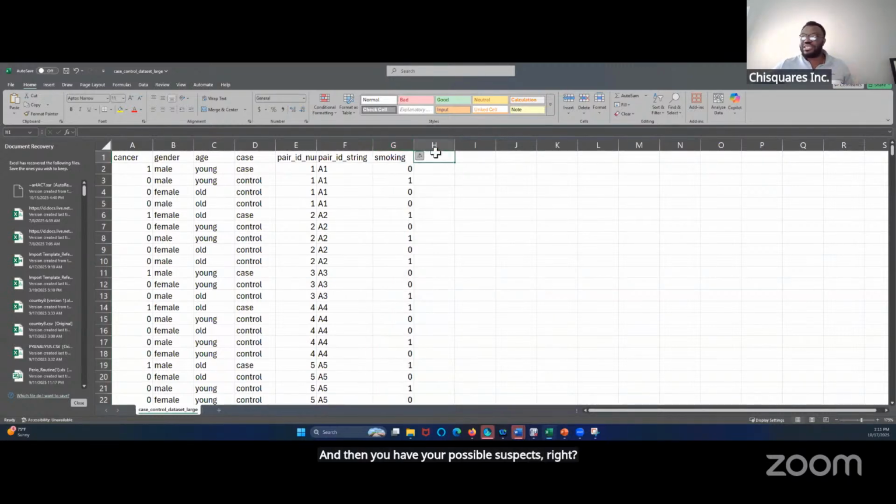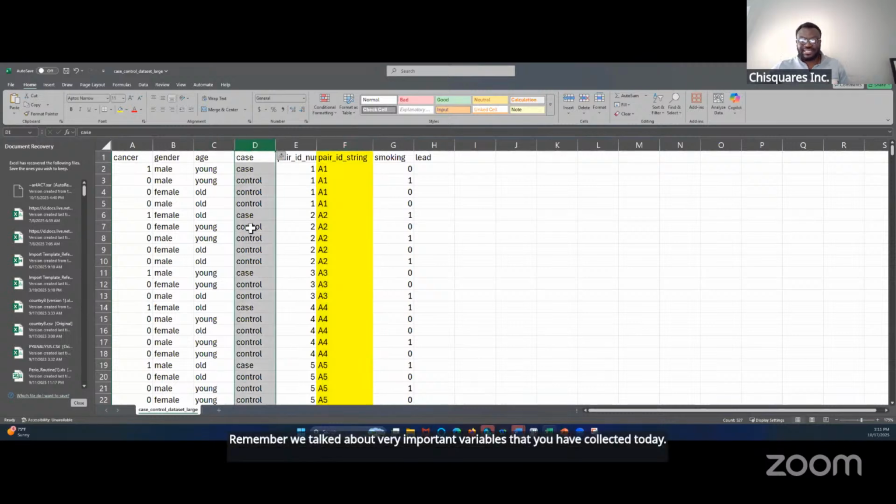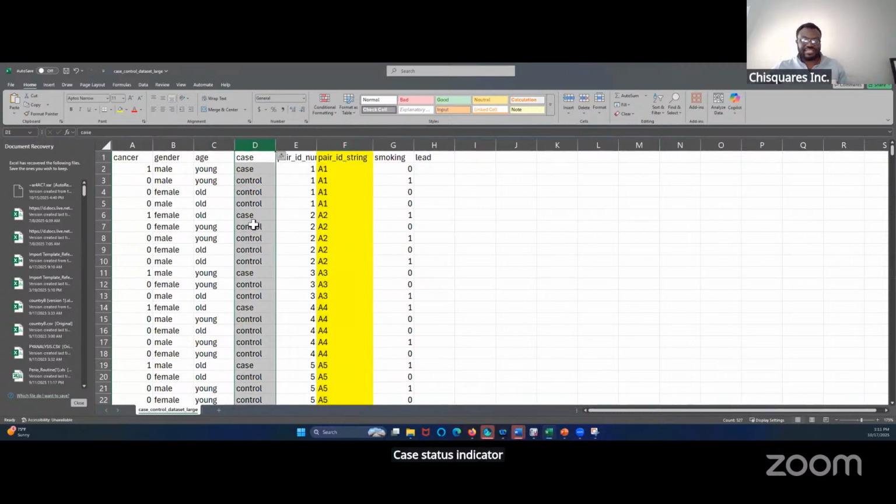Is it smoking? Is it lead? Is it whatever, right? Each of them, yes or no, whether they were exposed. Very important here is this column. Remember, we talked yesterday about very important variables that you have to collect: the case status indicator, whether it's yes or no.